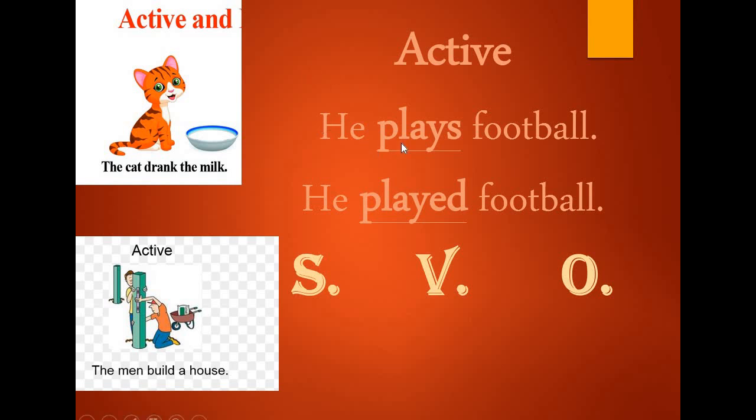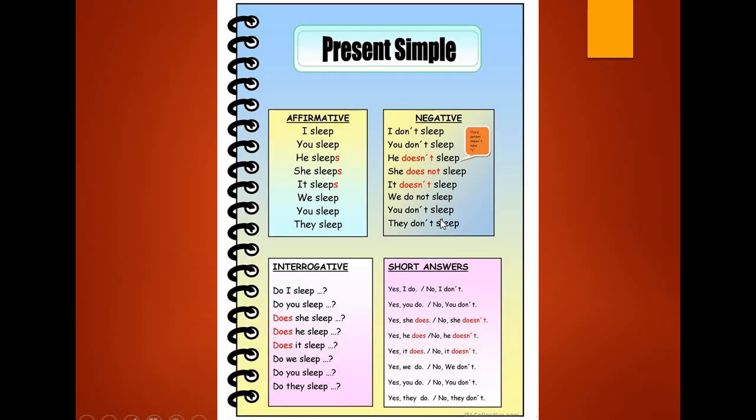Simply, when I say plays, it is a verb in the present tense, but played is a verb in the past tense. Build is a verb in the present tense. Drank is a verb in the past tense. So, with the active and the passive voice that we are learning in this class, the verb of the sentence should be either in the present or in the past.